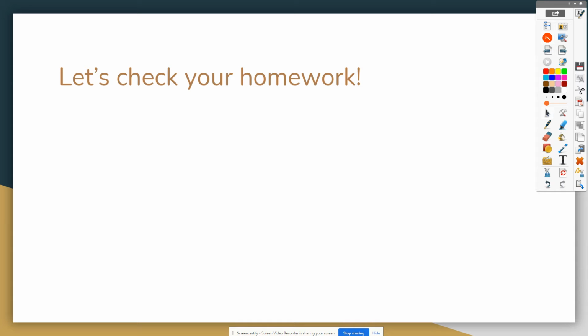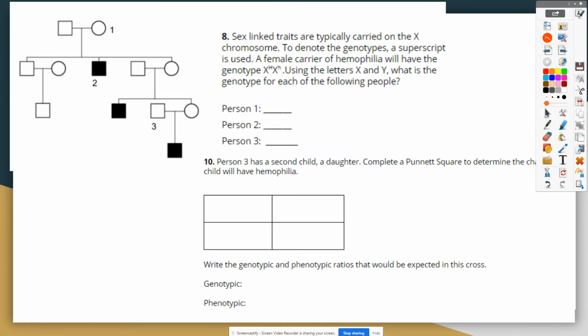Are we ready? So look at your pedigree homework. Where did we get to in here? The first question we had for this was question 8. Okay, question 8. This is the first one you have to do for homework, right? All right, so a couple of questions just to get practicing.